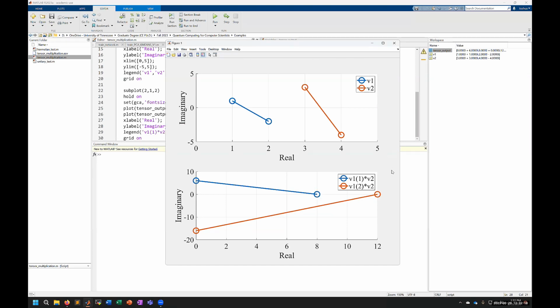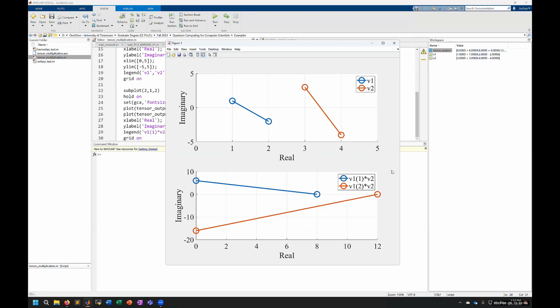This is interesting. 1, 2, 3, 4. Oh, you are plotting the four products separately. That is interesting. You are also plotting the tensor product separately.